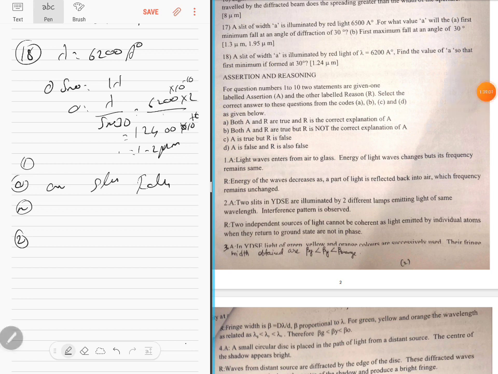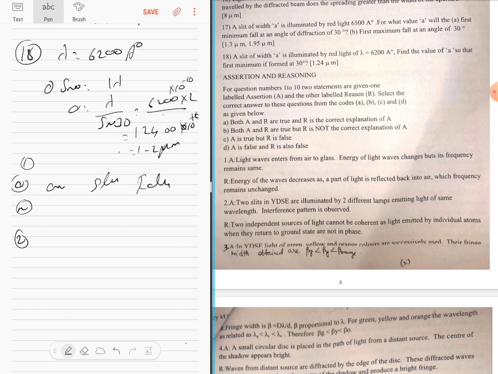Okay, see, this is the reason that's been given on the internet: two independent sources of light cannot be coherent because they cannot emit waves continuously. If that is the reason, then we can say it's true and that's the right explanation. But here it says cannot be coherent as the light emitted by the individual atoms when they return to ground state are not in phase.